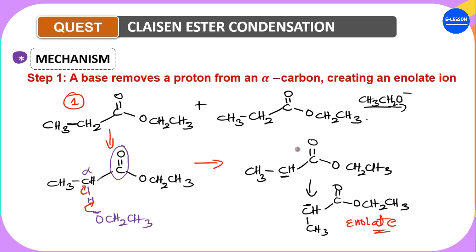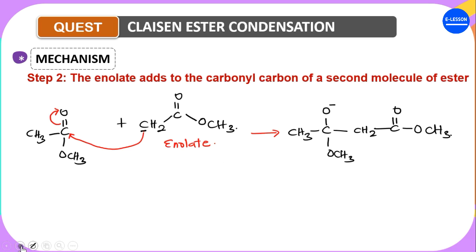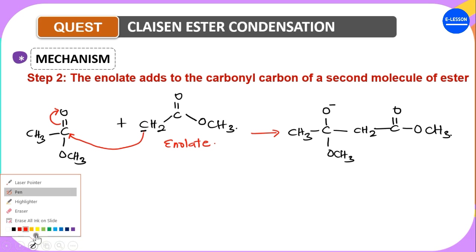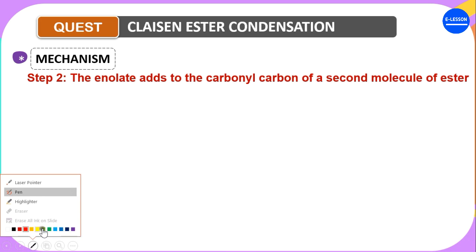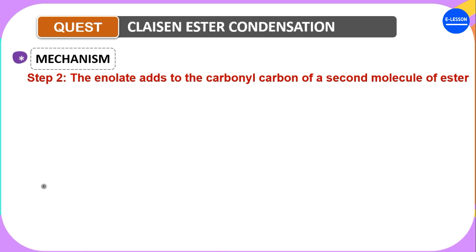Now we use this enolate to react with another ester, which is the second ester. So that is the second step: use the enolate to react with the second ester. Let me erase all. Now the second ester is C double bond O, we have CH3 CH2, then we have O and CH2 CH3, plus the one we reacted, which was CH with a negative charge here.